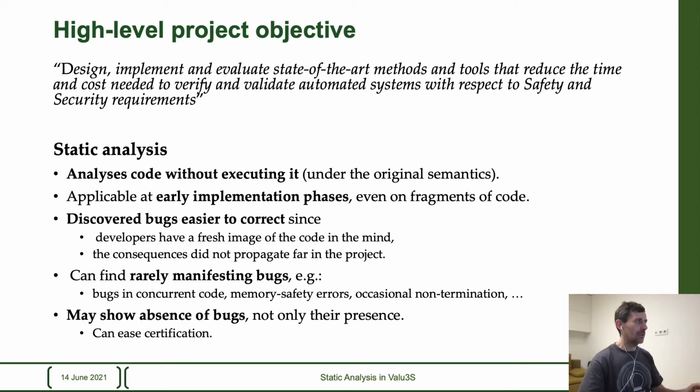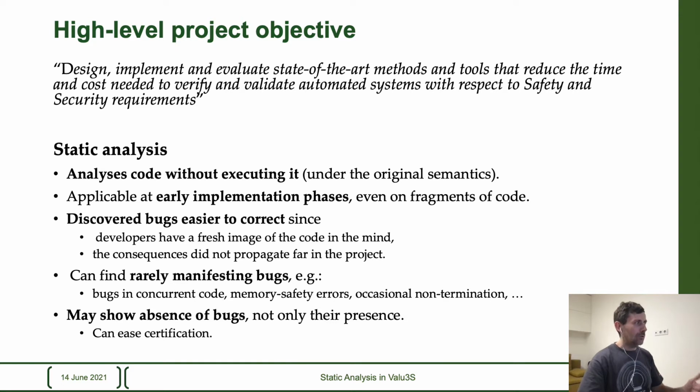Static analysis can find even rarely manifesting bugs, such as bugs in concurrent code, which can appear maybe once in several thousand million runs. The code seems to be running well and suddenly it completely crashes. And similar kinds of bugs related to memory safety, occasional non-termination, which you probably all know, some tool which seems to work most of the time suddenly starts hanging.